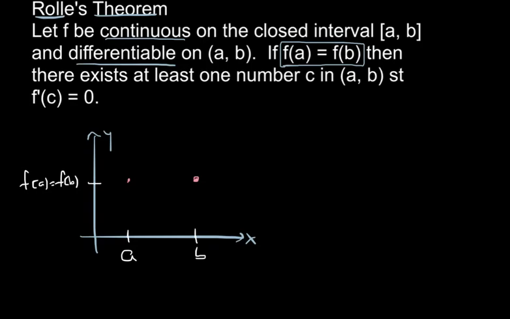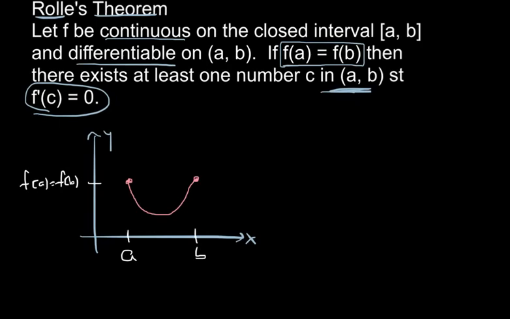Okay, so now there exists at least one number c in the open interval such that f prime of c is equal to 0. So if we draw something that's continuous and differentiable between a and b, joining these two points, I'm just going to make something up here.